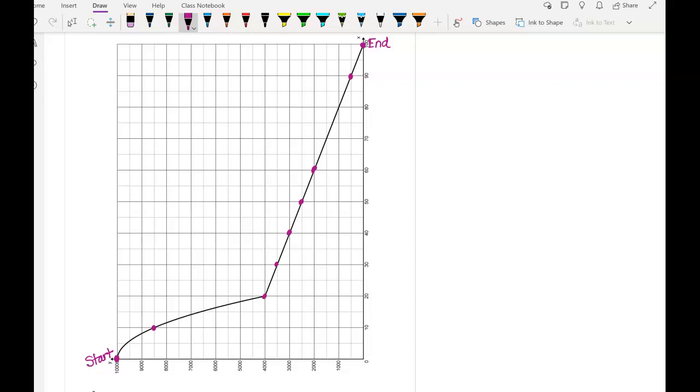So where would you say this graph makes its biggest change? Where on the x-axis does this graph make its biggest change?